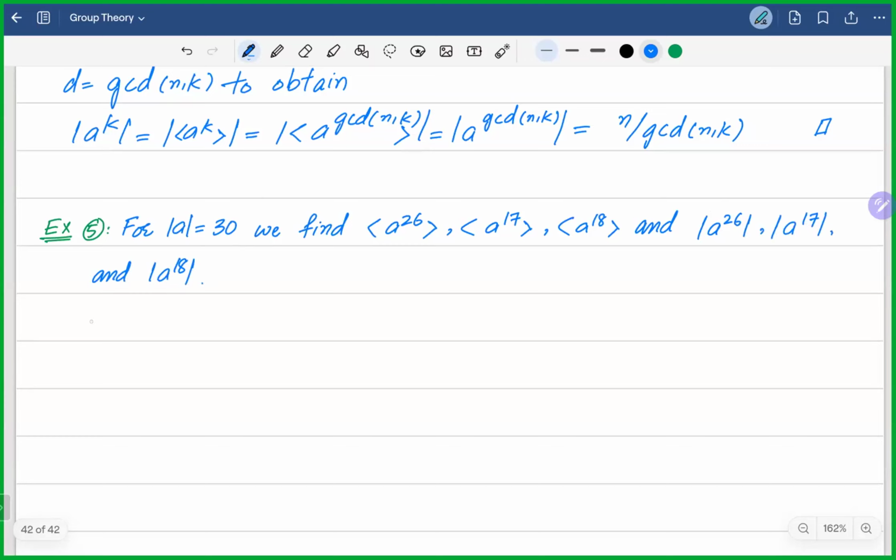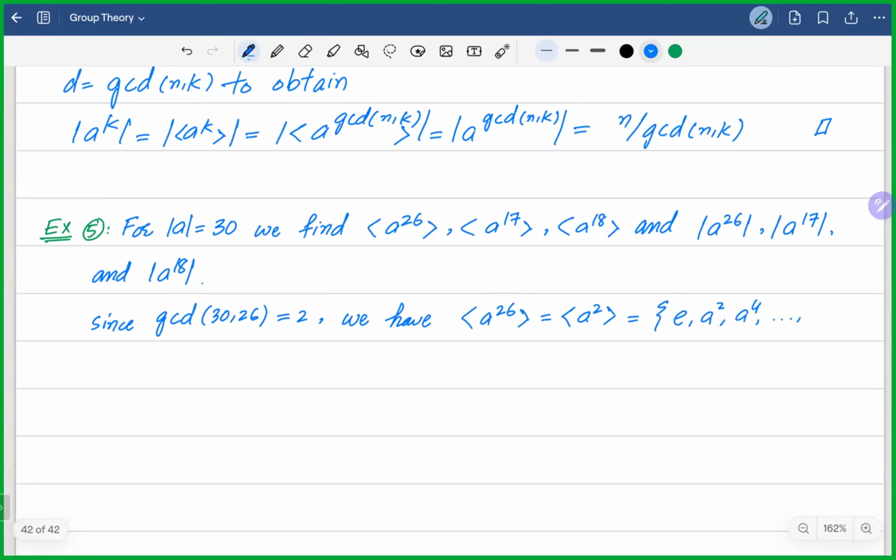So since GCD of 30 comma 26 is 2, we have the set generated by a power 26 is nothing but the set generated by a square, and that is going to be e, a square, a power 4, up to a power 28.